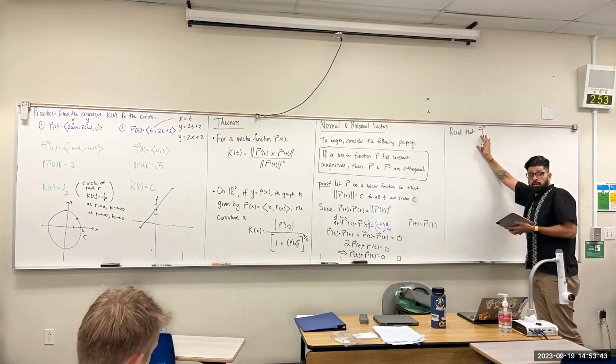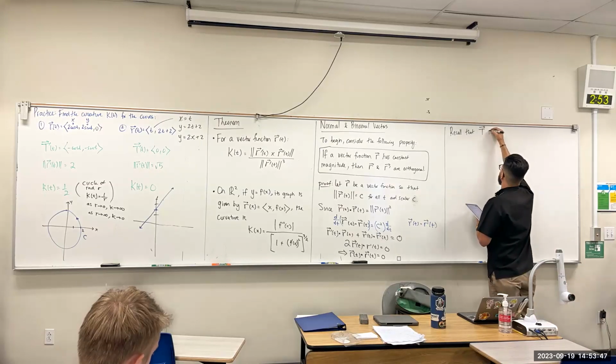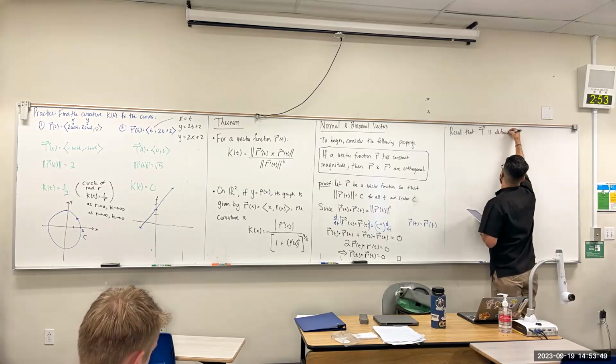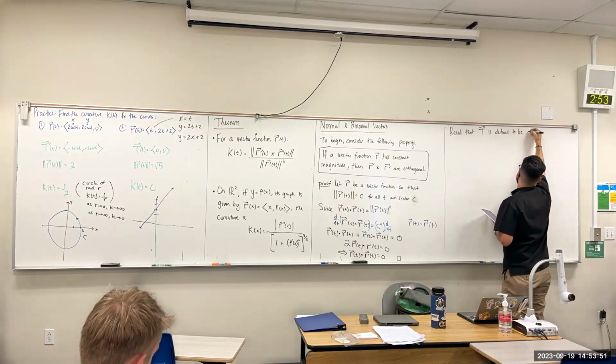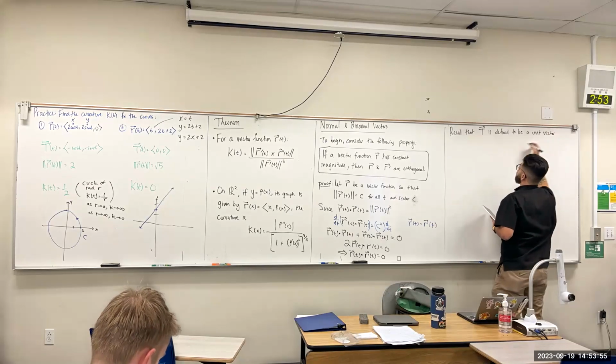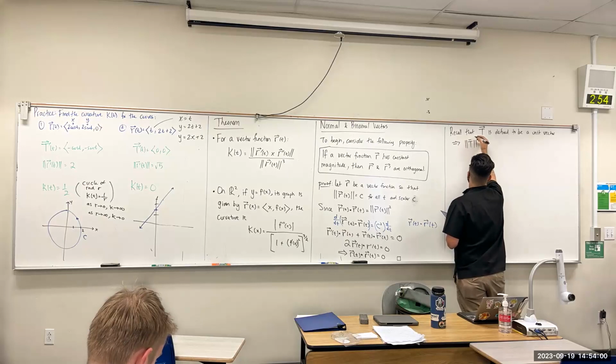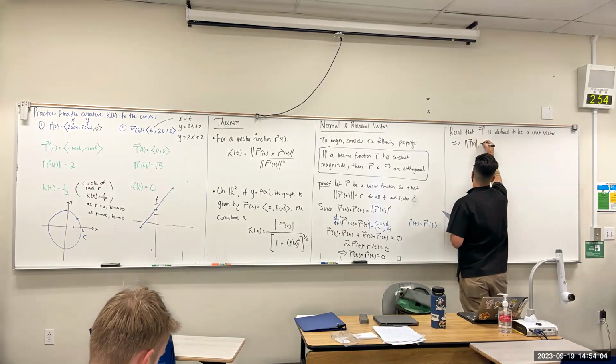So it's defined to be a unit vector, which means that the magnitude of T of little t is always going to be equal to 1.